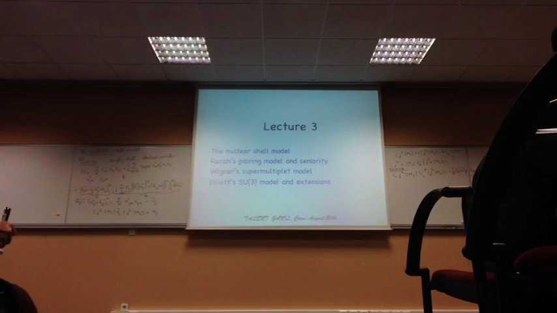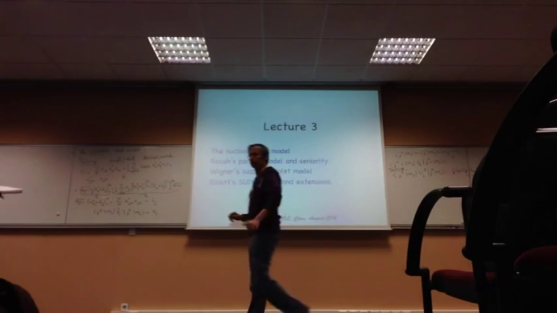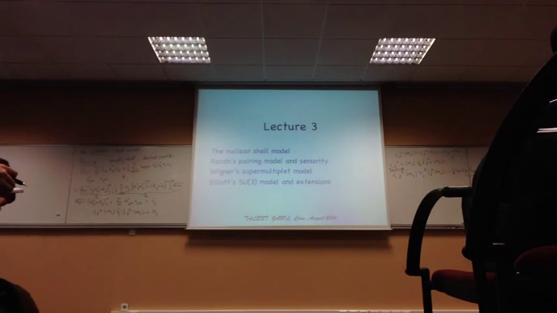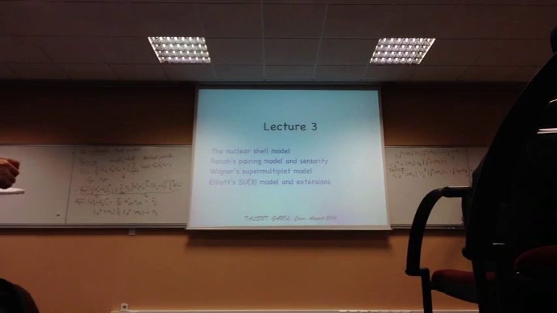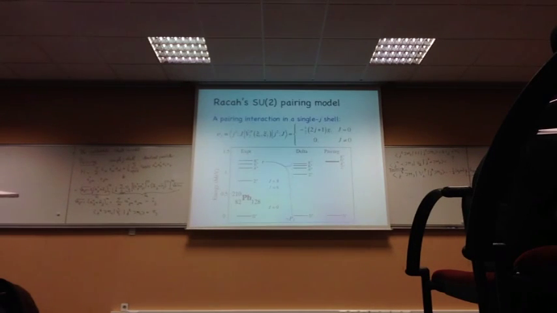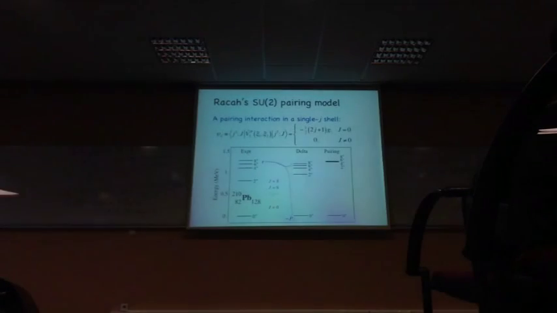In nuclear physics, this pairing interaction is attractive. So G here is positive, and this makes the matrix element negative. And then this factor 1/2 (2J plus 1) is some conventional factor. The essential point is that it is nonzero only for J equal to 0. And that's a very simple interaction. So this is to give you an idea.